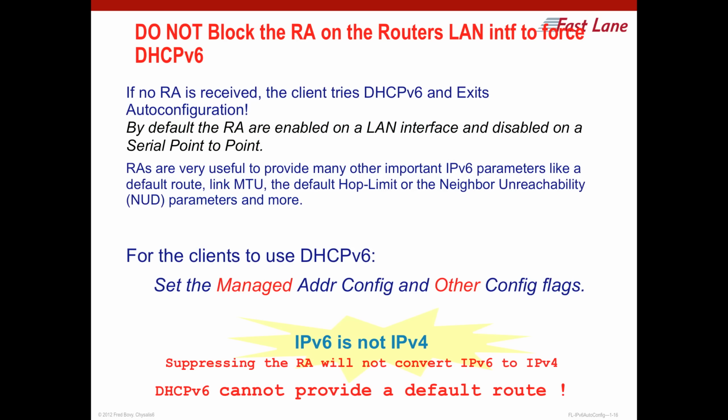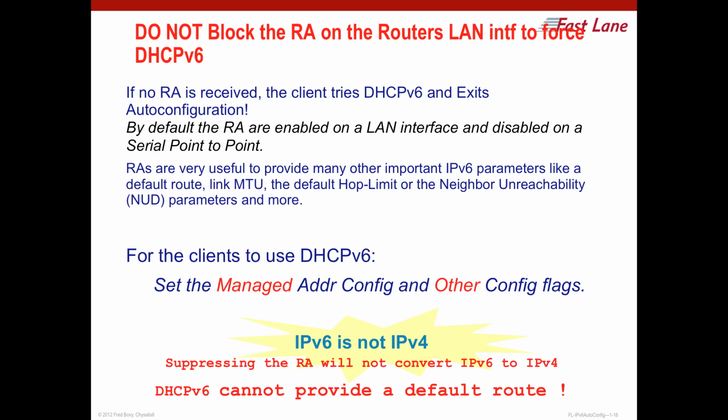So that's not a good idea if you think that by blocking the router advertisements, you are going to force DHCPv6. Actually, if you want to use DHCPv6 in IPv6, you must set some flags, and that's the way to do it, because you need router advertisements on a LAN.